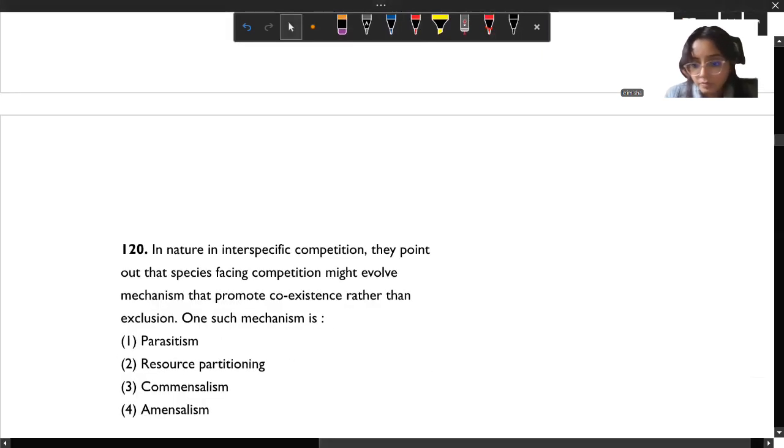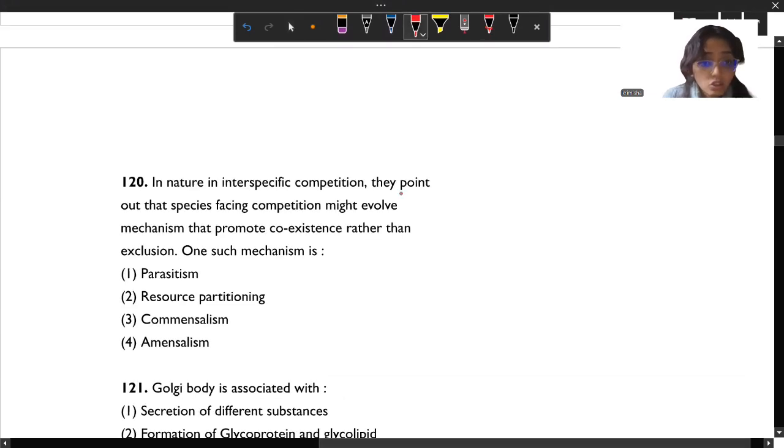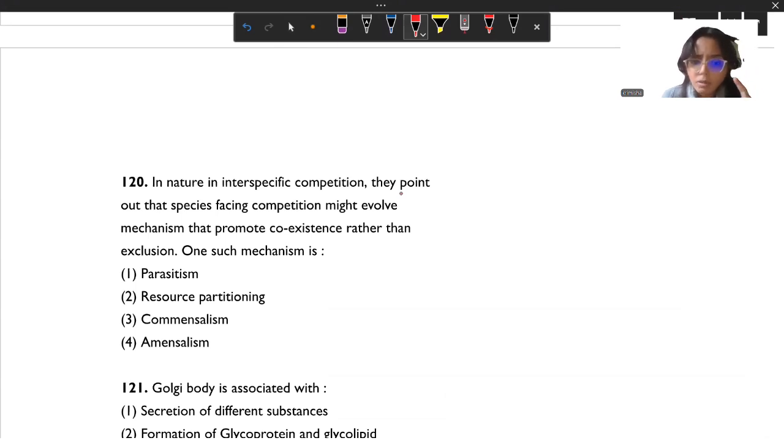Okay. I hope this is clear to all of you. Moving on to question 120. What does it say? In nature, in interspecific competition, species facing competition might evolve mechanisms that promote coexistence rather than exclusion. One such mechanism is resource partitioning.